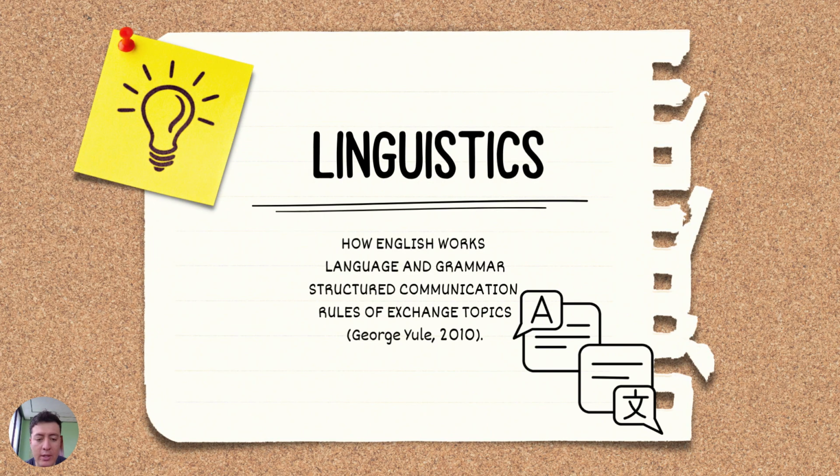Firstly, linguistics is the part of the language. For example, in English, how this type of English works inside the structure. For example, the grammar, the verbs, the adjectives, all this type of structured way to communicate, for example, to exchange ideas, to talk, write, and comprehend a little bit about topics like the English.